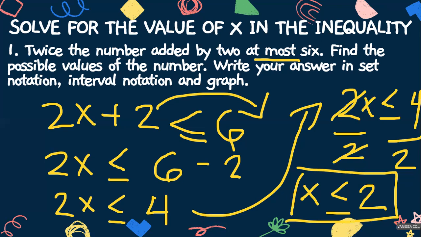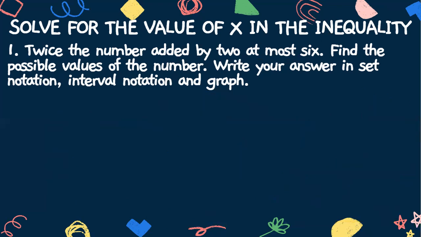Kapag less than equal, ano ang ating interval notation? Okay, so tandaan natin yung sagot natin, ha. X is less than equal to 2. Ito yung interval notation, ha. Less than equal, included ba siya?